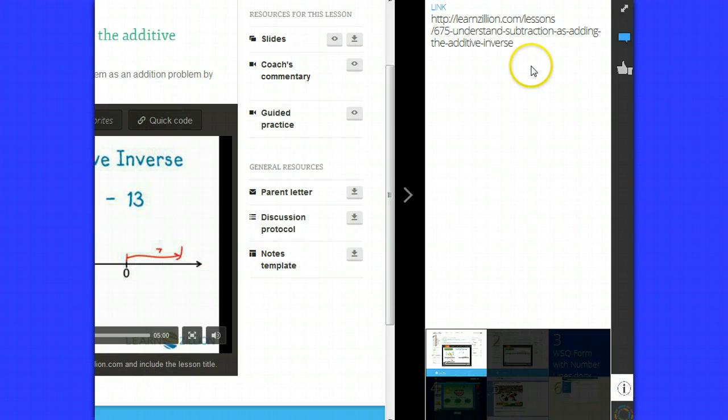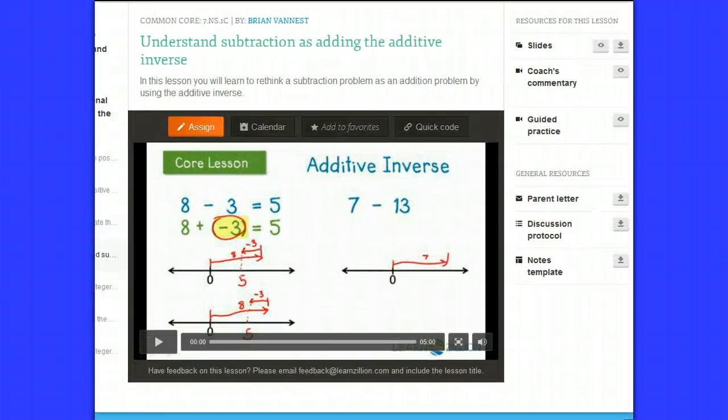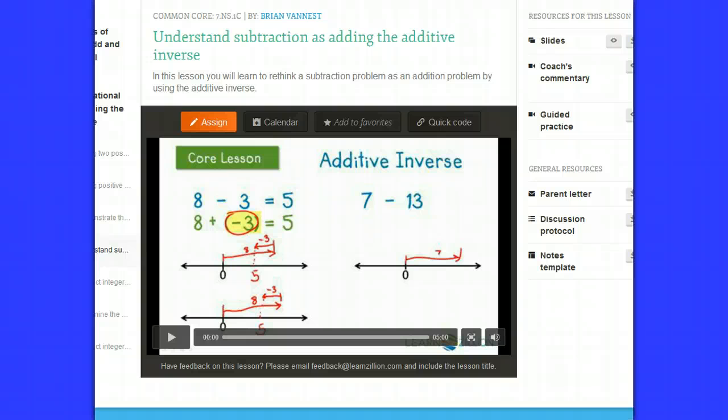When you click that eye, a panel will open and take you to the URL that you can copy and paste into a different browser or a different tab if you need to get at the resource. So I just wanted to point out that that's available.